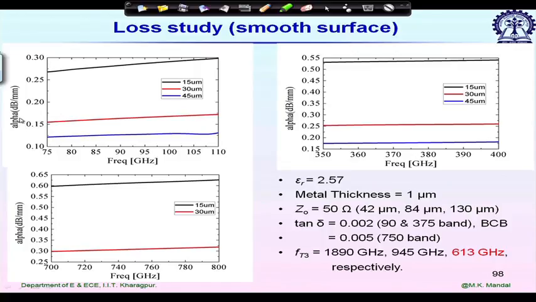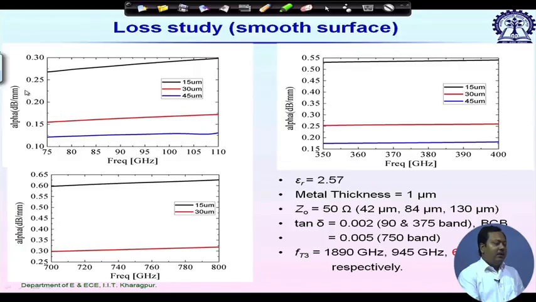So alpha in dB per millimeter, considering a smooth surface; we are not considering any surface roughness. If we add surface roughness, the loss will be much more, 2 to 3 times this. Now you see, for the 15 micrometer substrate, loss is much higher compared to the 45 micrometer thick substrate.